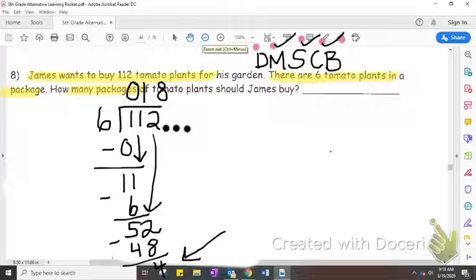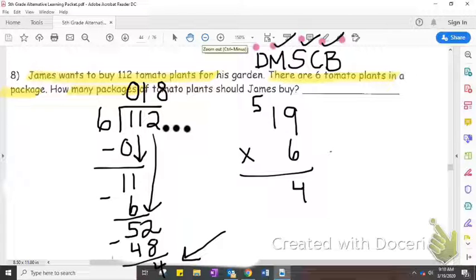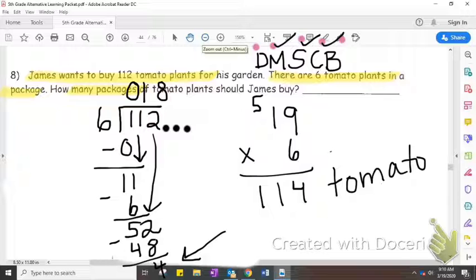However, if he buys 19, let's see. If he buys 19 packages, then he'll have 114 tomato plants, which is more than he needs.